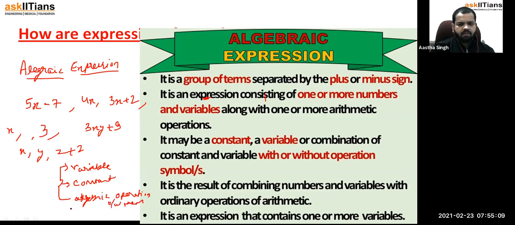Algebraic operation is basically your plus, minus, multiply, divide. So this is basically your algebraic operation. This is just basically the combination of all these things: variable, constant, and algebraic operation between them. You will get the algebraic expression.